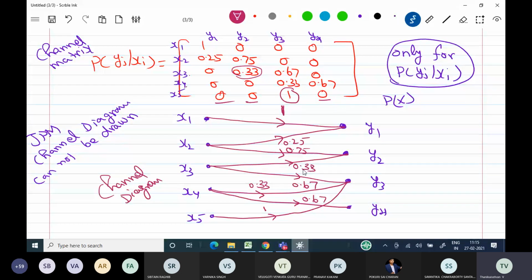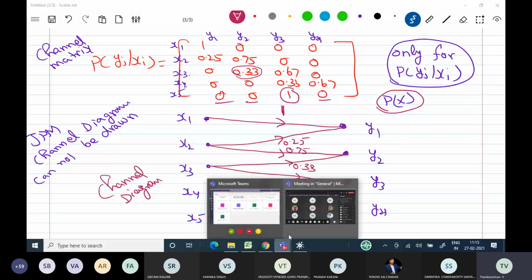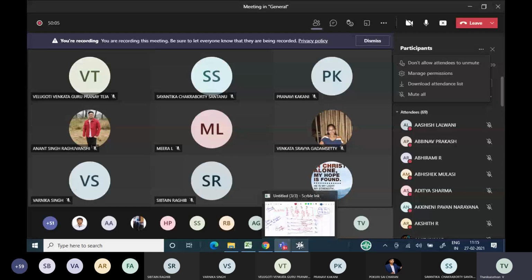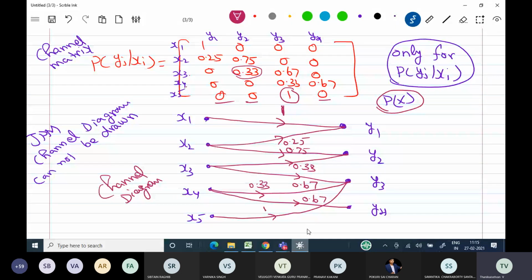Mostly this diagram will be given, you will be able to write this matrix using the probability of x, and you will be calculating all the entropies along with mutual information. All of you understood this? Students, can I proceed to the next one? With that, the entropy calculations, everything is over.